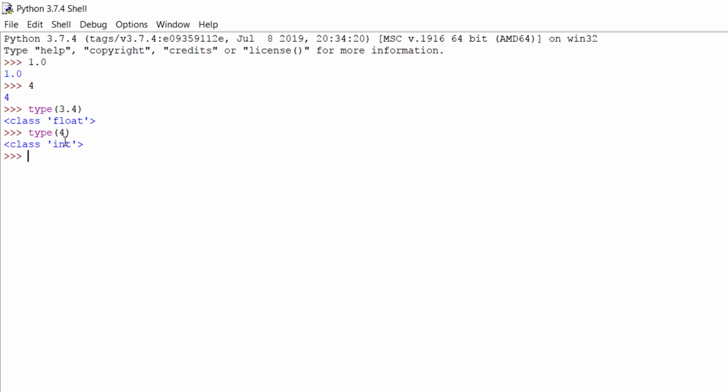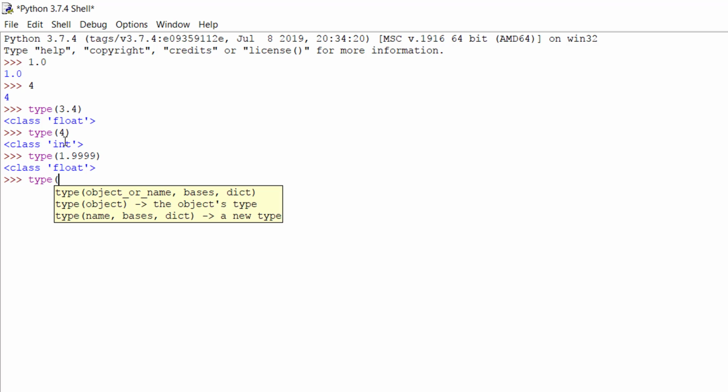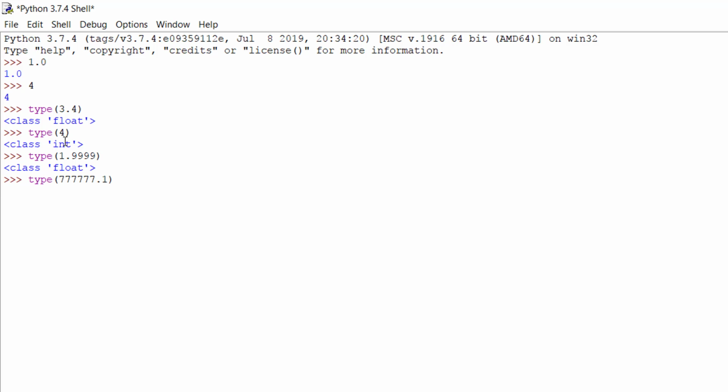If we type 1.9999 and execute this code, it's also a floating point number. If we write 77777, then 0.1, it will also give a floating point number. If we type 1 and then 0.0, it will also be a floating point number.